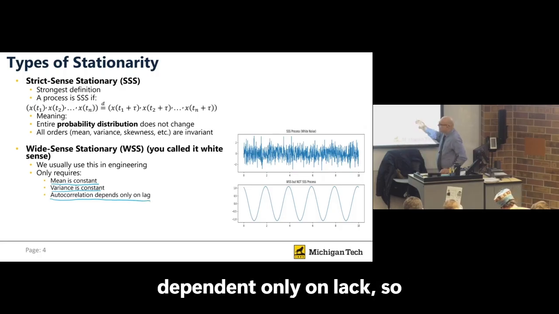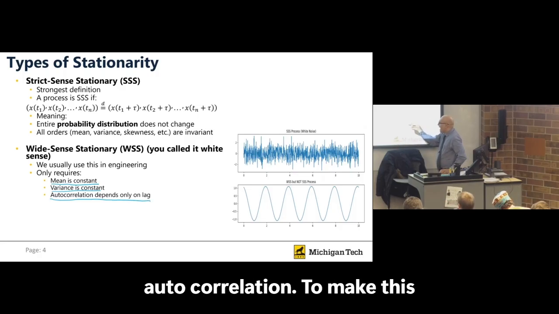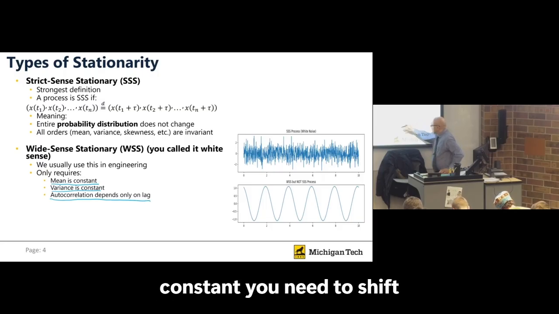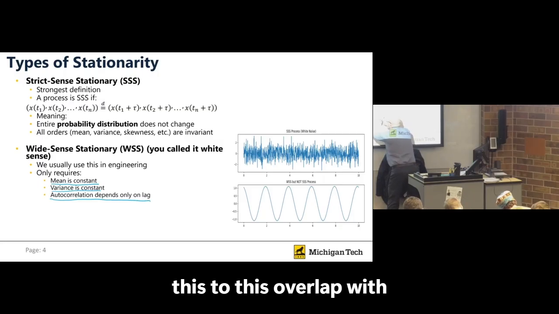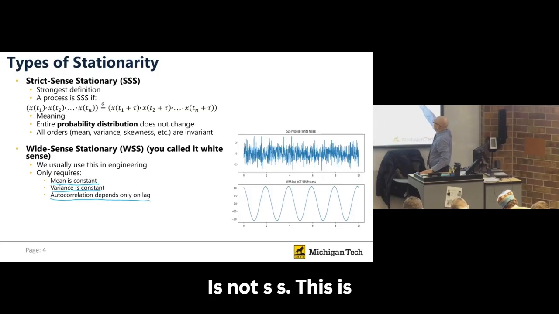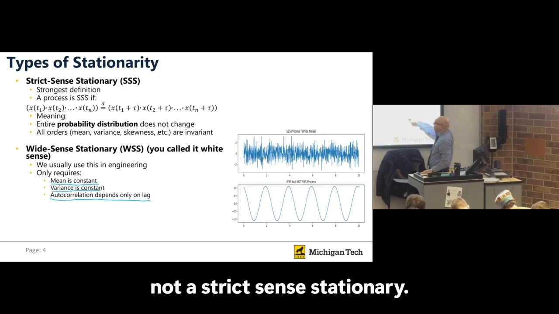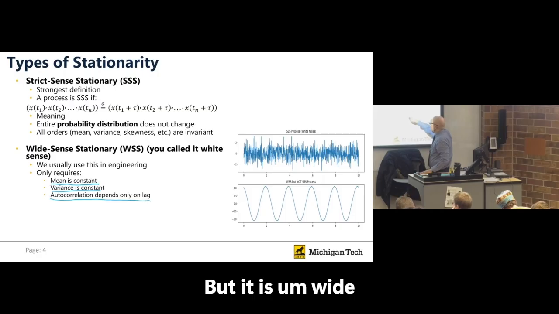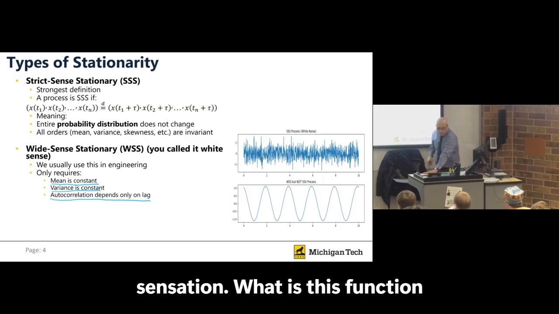It depends only on lag. So to make autocorrelation overlap with itself, you need to shift it. So this is not a strict sense stationary, but it is wide sense stationary. What is this function coming from?